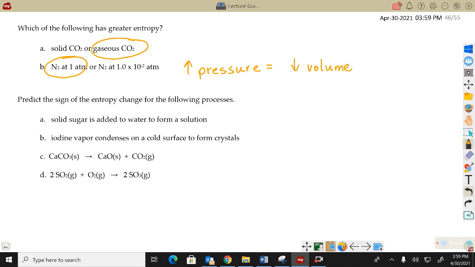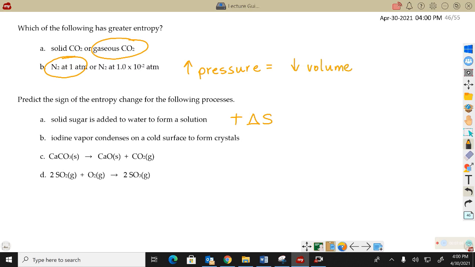But in solution, they dissociate from the original solid, swimming around randomly. Those molecules are more disordered. So we say positive delta S, an increase in disorder. And that would be for anything in solution. As those particles dissociate and start moving around in the water, they're more disordered than they were in the original solid.